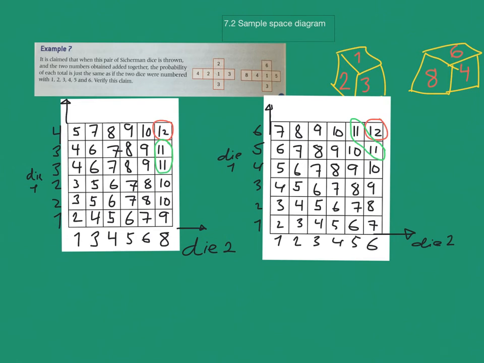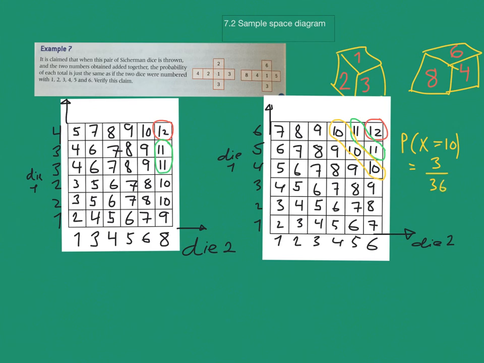We have 3 outcomes that give us 10. So the probability for 10, we could write that as the probability of the outcome being equal to 10 is 3 out of 36.